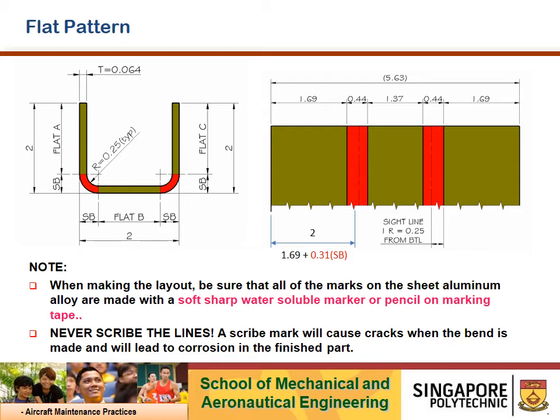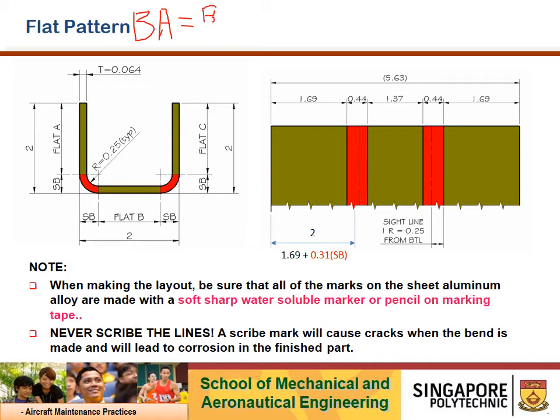There are two methods to obtain the bend allowance. You can use the bend allowance table provided in your notes, based on the material thickness and the bend radius used. If not, you can use the formula given for bend allowance. Please remember this formula, as you will not be provided with it for your test.